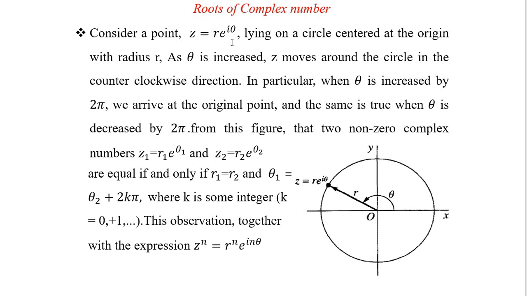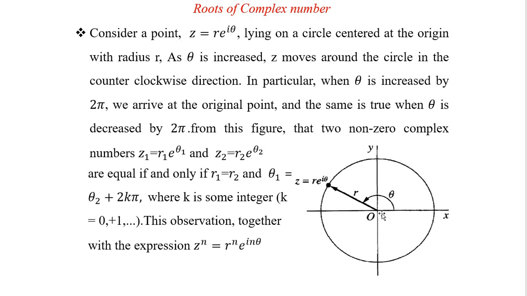If you take this z equal to r e power i theta, it looks like a circle centered at the origin with radius r. As theta is increased, z moves around the circle in the counterclockwise direction. In particular, when theta is increased by 2 pi, we arrive at the original point. Again, we meet the same point. If theta is decreased by 2 pi, again it will be the same.